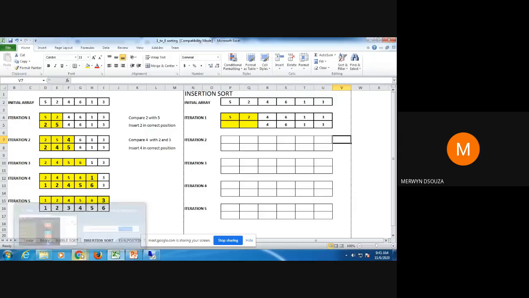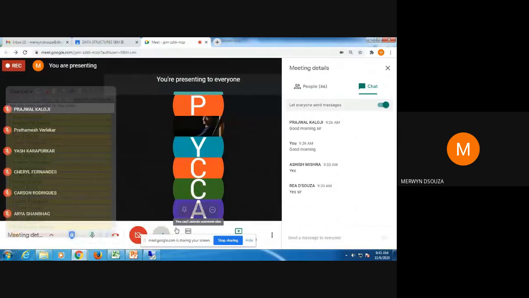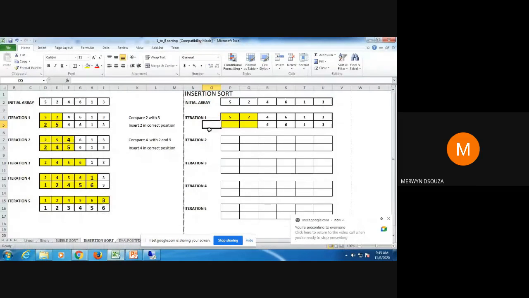Have you managed to do it? If you are doing it in descending order, obviously you want the largest elements at the beginning and the smallest element at the end of the array. So you're going to start again by comparing the first two elements. You compare 5 with 2.